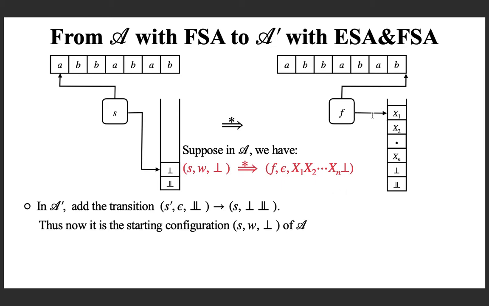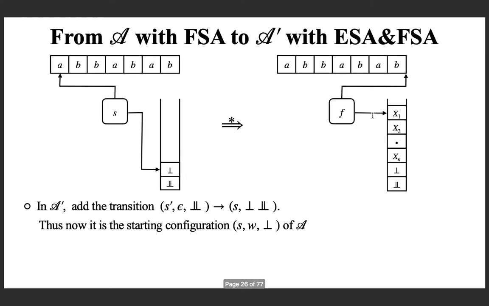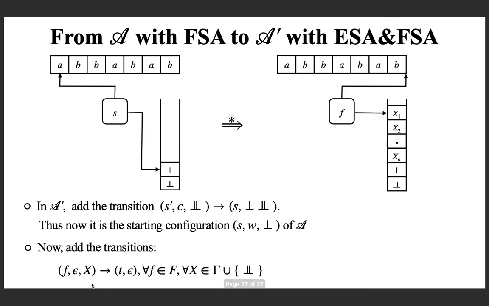Now you can do the previous technique, you add transitions. For all final states, if you are already in a final state, without consuming an input, take out the top of the stack symbol, and this time I am adding a new final state.